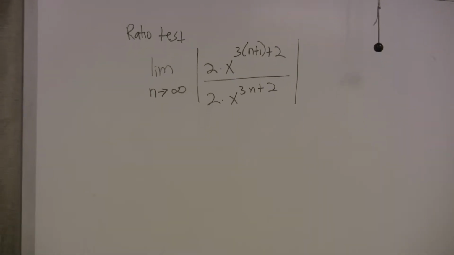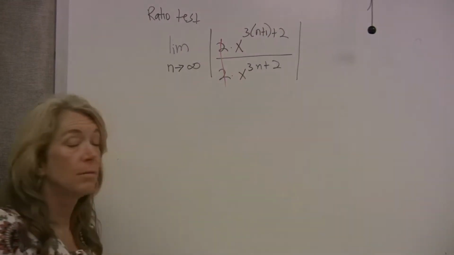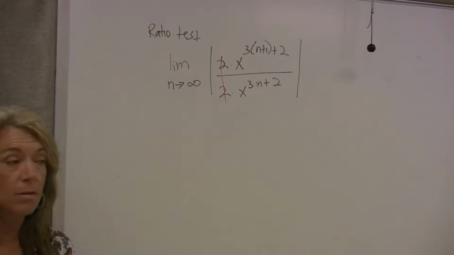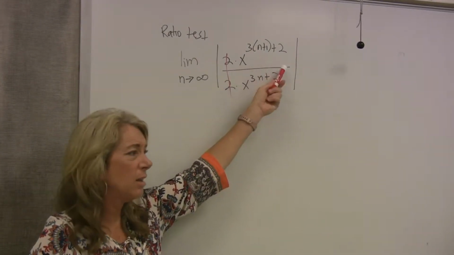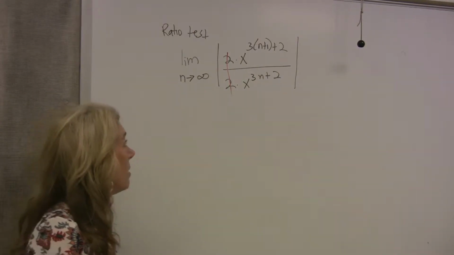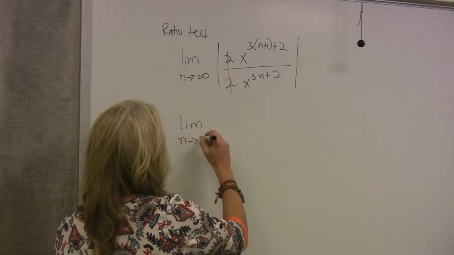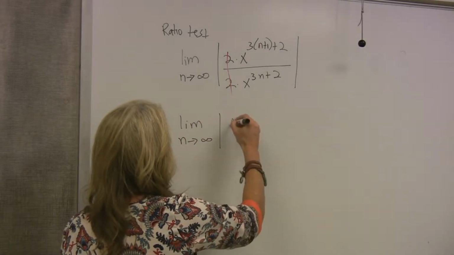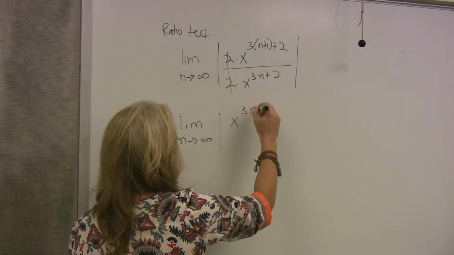Yeah, the 2's are going to reduce. That's nice. Those are gone. And then we're going to need to distribute this up here to see how many x's we actually have left. I see that some of them are going to reduce. So when we distribute that, that's 3n plus 3 plus another 2. So that's 3n plus 5.